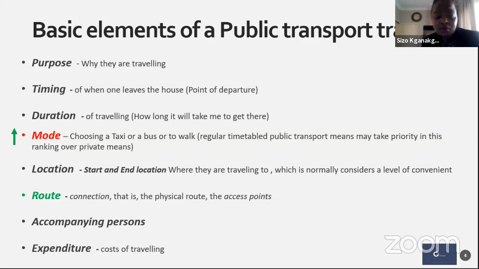They think about where it is connecting to, where the access points are, and so on, as well as whether they will be traveling with someone, and lastly it's about the cost of how much it will cost them to get there. So this is the mindset that consumers go through when considering their public transport usage.